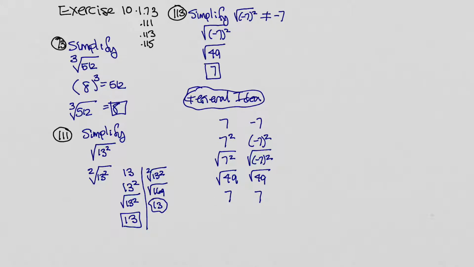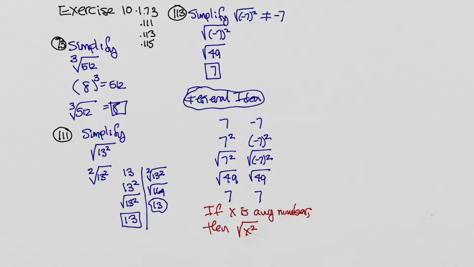Let's say it this way here. If x is any number, then the square root of x squared. Now, what are we going to write over here? Well, we can't just write x, because if x is positive, we get x back.